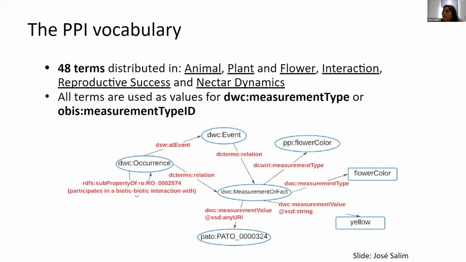We have 48 terms, distributed in animal, plant, flower, interaction, reproductive success, and nectar dynamic. And they are using the measurement or fact type part of the Darwin Core standard. So all of those are described in detail in the article itself, and also in the report, deliverable 10.1.